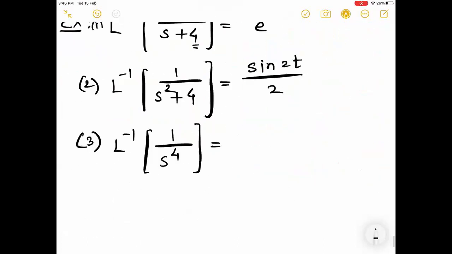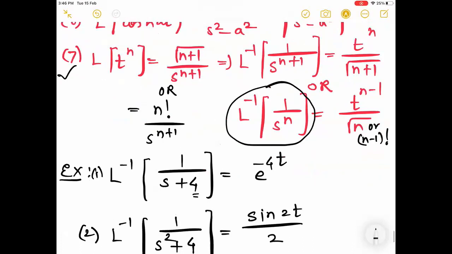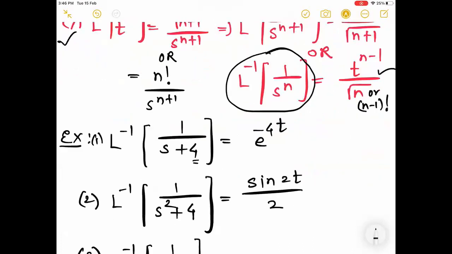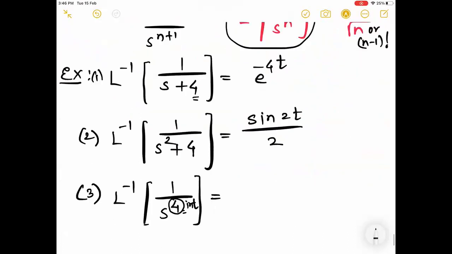And that n is an integer, this 4 is an integer here. So we will be getting the answer as t raised to n minus 1 upon n minus 1 factorial. So with n as 4, 4 minus 1, that means t cube upon 3 factorial.